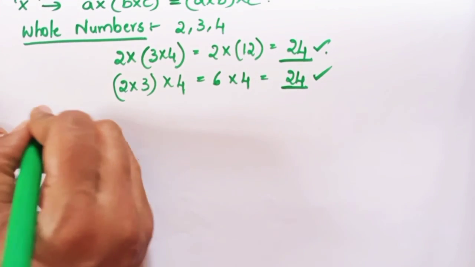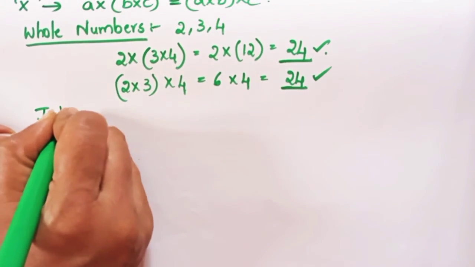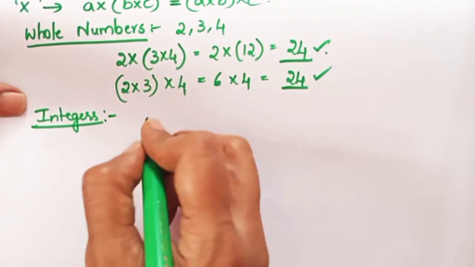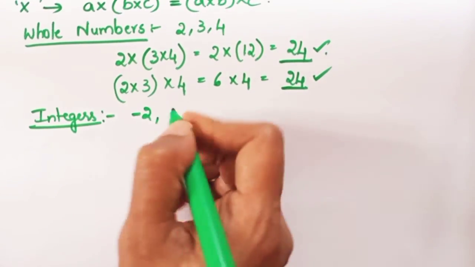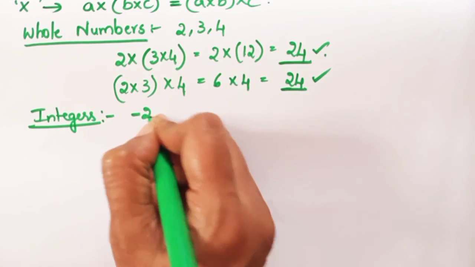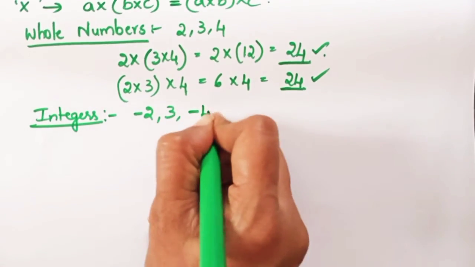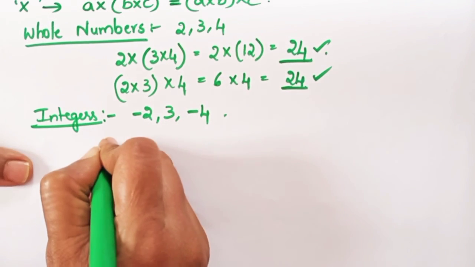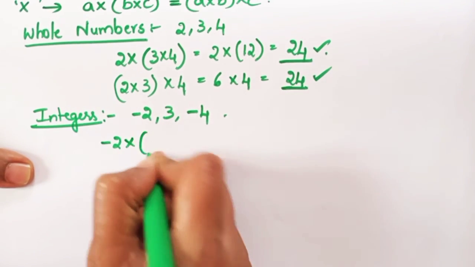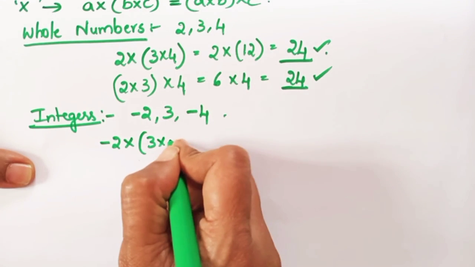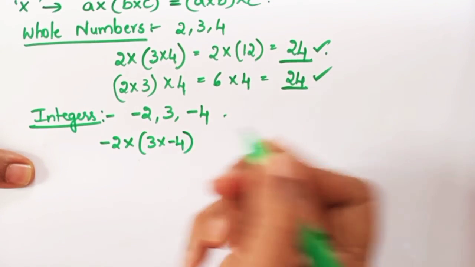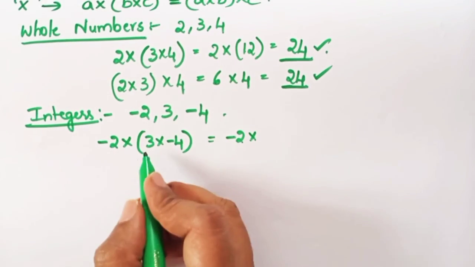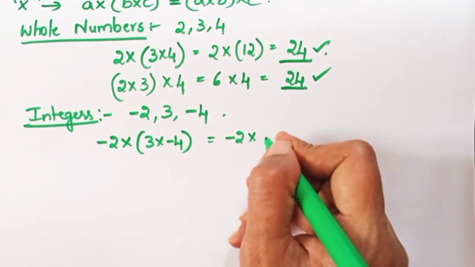Okay? And next comes, check them with integers. The same thing, you can take -2, 3 and -4 you take. Okay? Now do it. A into B into C will give you -2 into 3 into 4, 12.